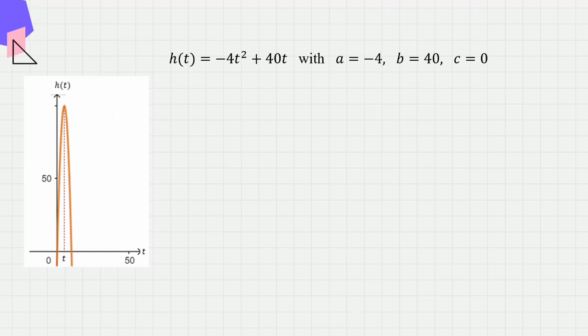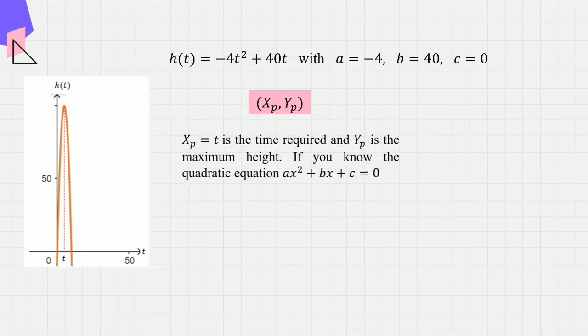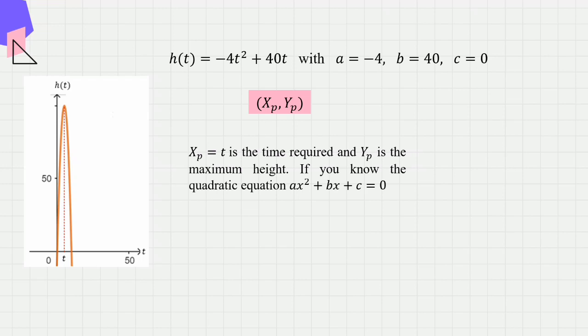The parabola h(t) graph has a peak point (xp, yp), where xp is equal to t, the time required, and yp is the maximum height. If you know the quadratic equation is ax squared plus bx plus c is equal to 0, then xp is equal to negative b divided by 2a, and yp is equal to b squared minus 4ac all over negative 4a.